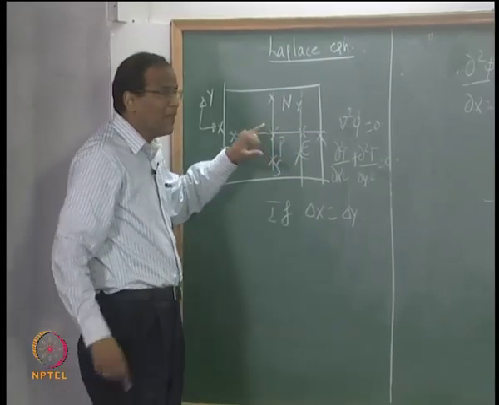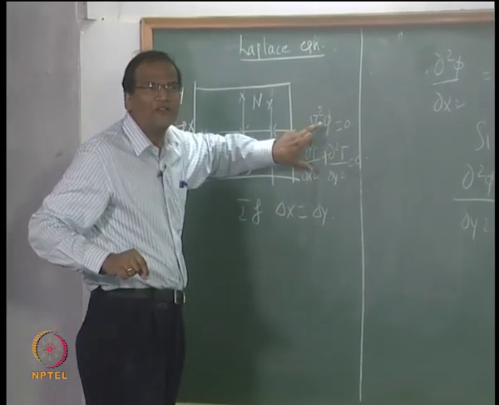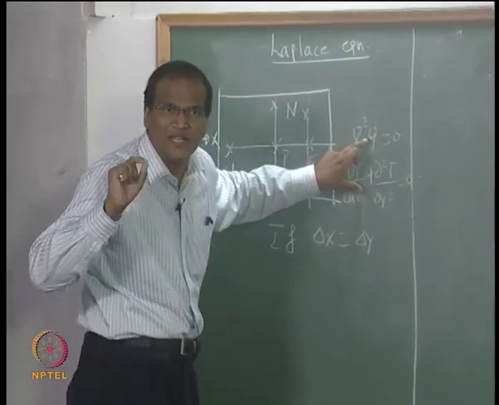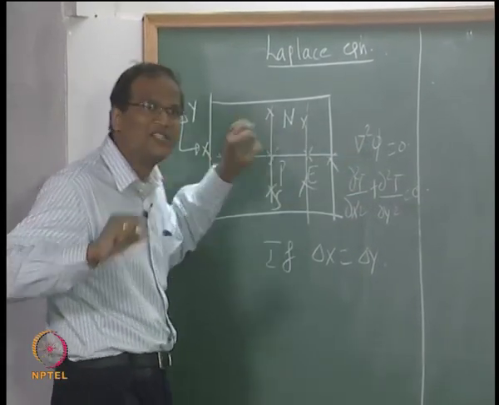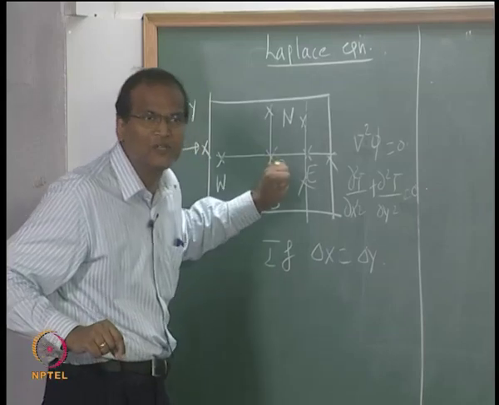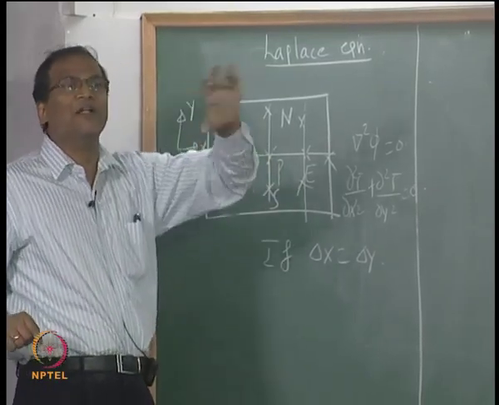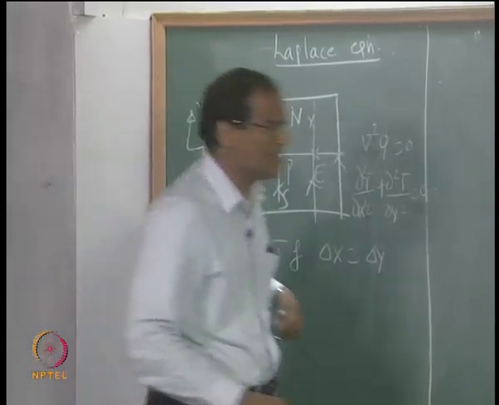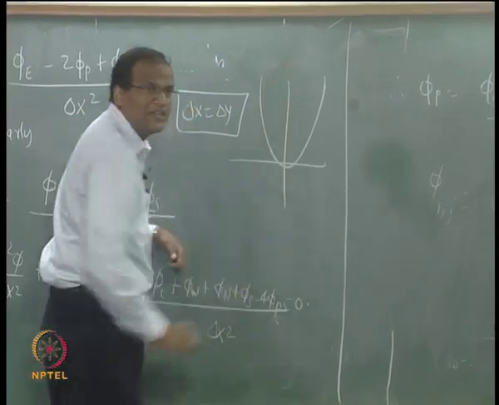But the beauty of this is, mathematically, from the method of characteristics, you know that this is what is known as an elliptic equation. An elliptic equation requires information from all sides for it to be mathematically closed, so that you can solve it. A parabolic equation is one in which the information does not flow downstream. The parabola is like this, so the information does not flow downstream.